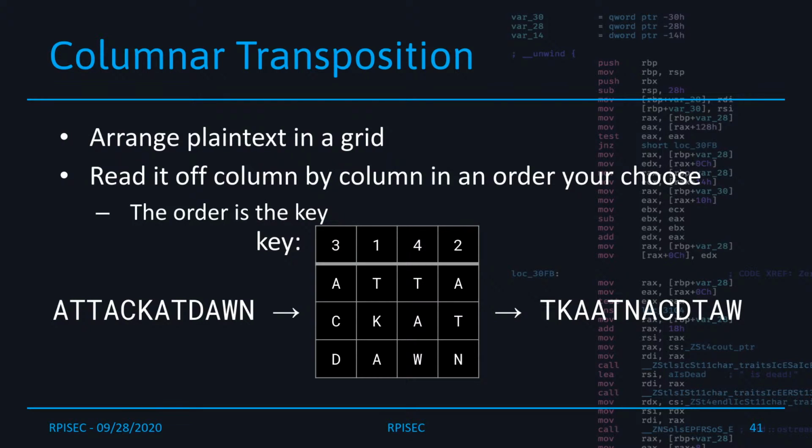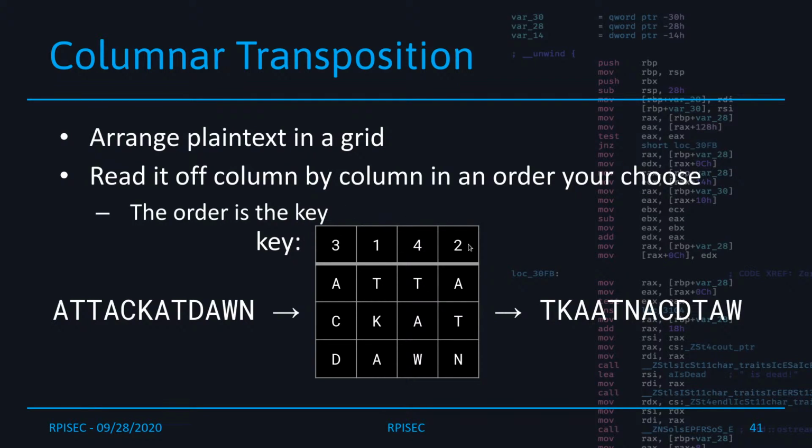Alright, so the last cipher that we'll cover today is columnar transposition, which was also used a long time ago in times of war. Basically what you do is you create a square that has as many subsquares as the number of letters in your plaintext, and you write out the plaintext row by row in your square, and then as a key you choose an order of columns.